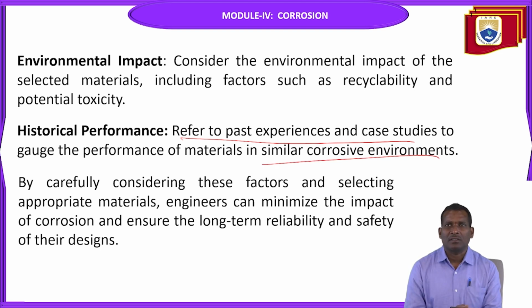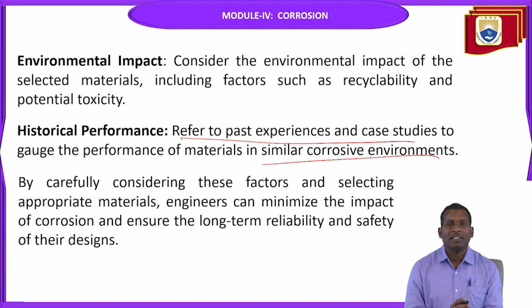So in previous environmental conditions, take reference to past experiences and case studies to check the corrosive properties and the performance of the component. By carefully considering all these factors and selecting appropriate materials, engineers can minimize the impact of corrosion and ensure the long-term reliability and safety of their designs.